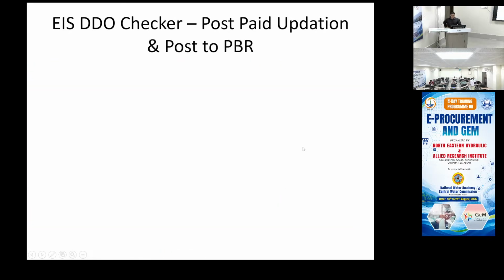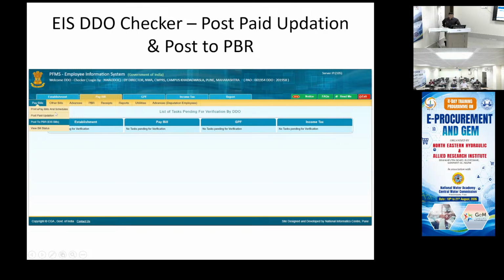One thing is that once the PAO makes the final payment of salaries, the post-paid updation and post to PBR has to be done by the checker. So you have those two options over here. One is post-paid updation and one is post to PBR. PBR is a payable register.